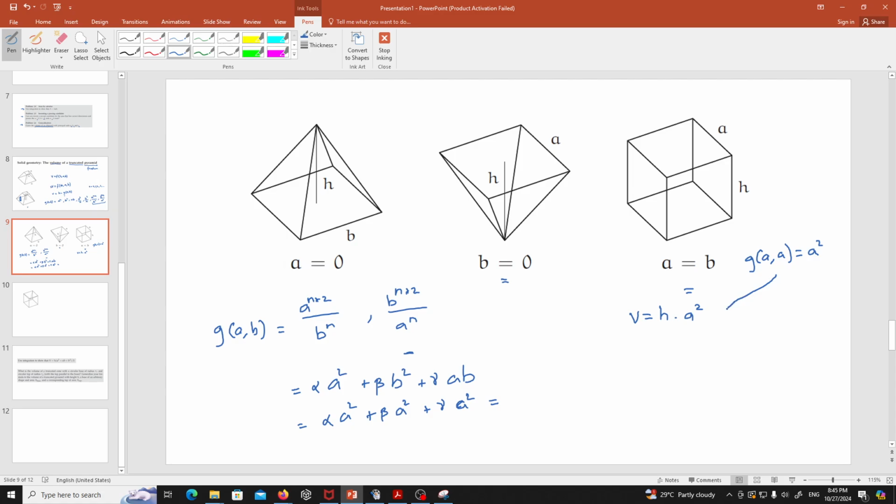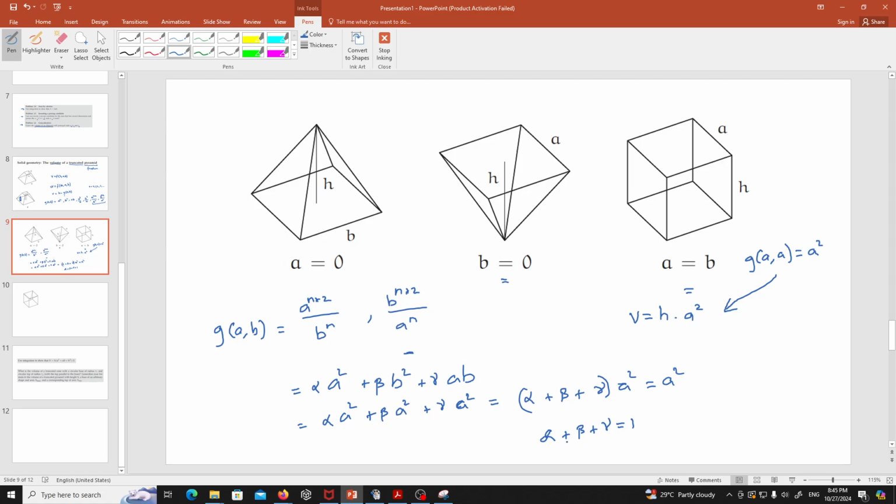That comes from here, right? Because volume is H into G of A comma B, therefore G of A comma A is A square. Now if I take A square common, alpha plus beta plus gamma times A square is equal to A square, so that leads to alpha plus beta plus gamma is equal to 1.